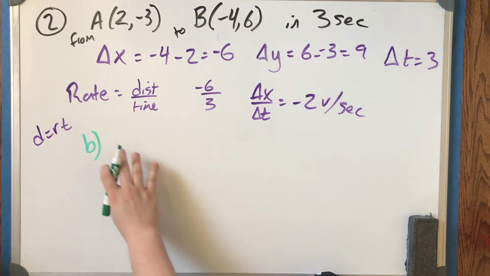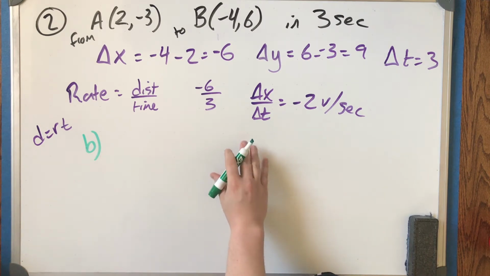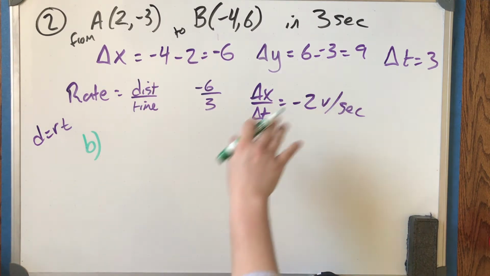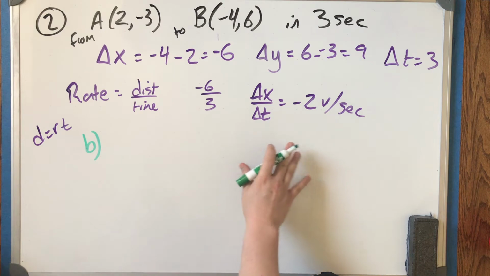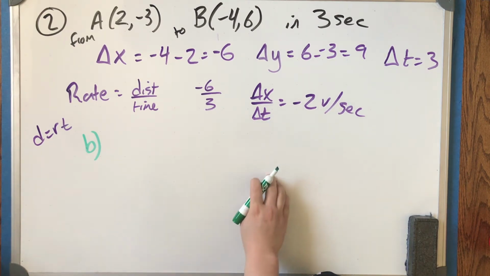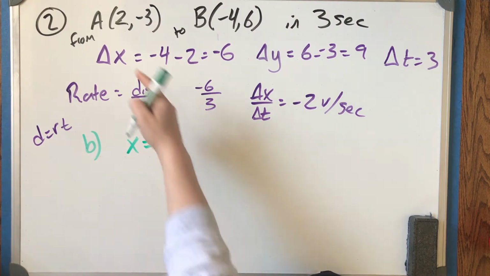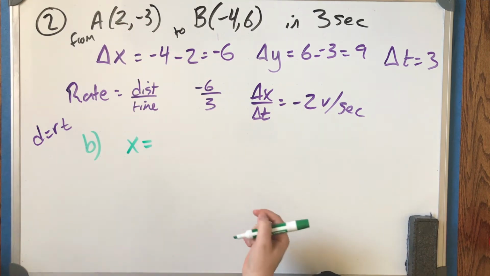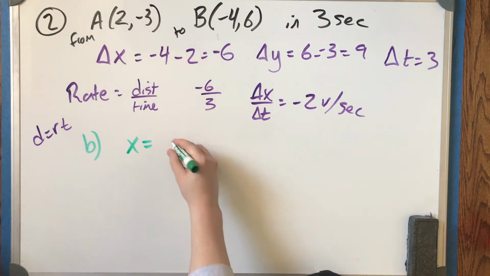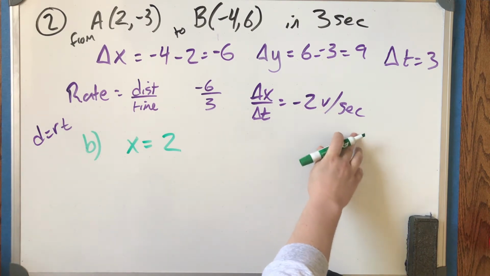Now for part B, we want to come up with an equation that models just the x equation over time. Nothing to do with y, just what is x doing over time. We already know its rate of change is -2 units per second. And x starts at 2, because that's the x value that we start at, and it's changing at a rate of -2 units per second.